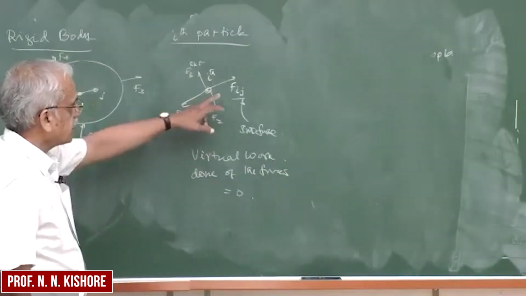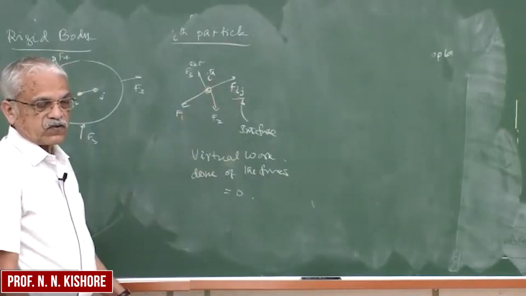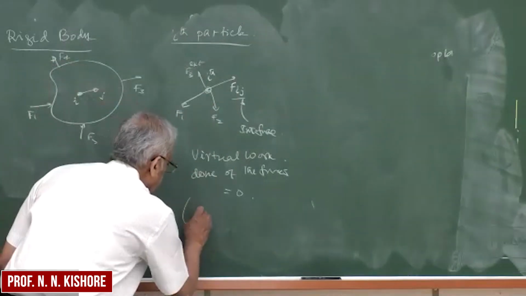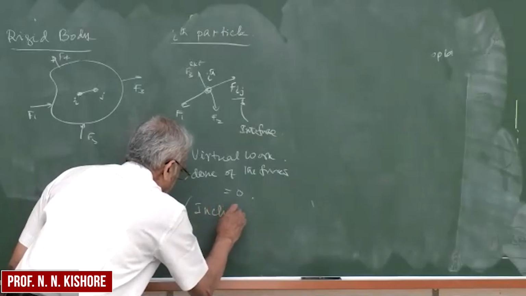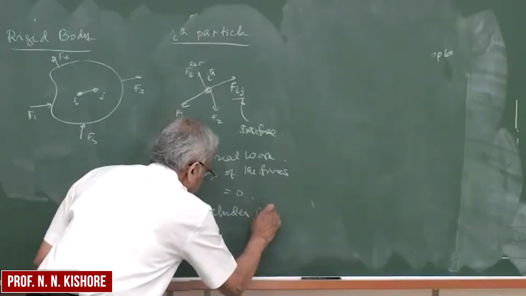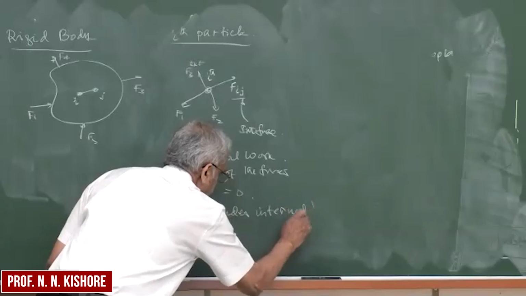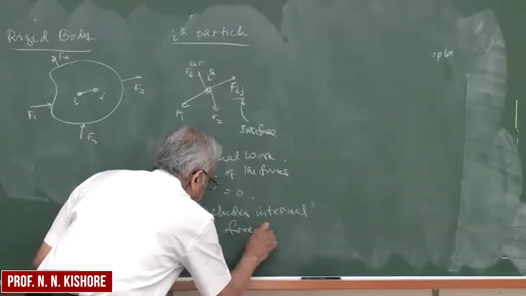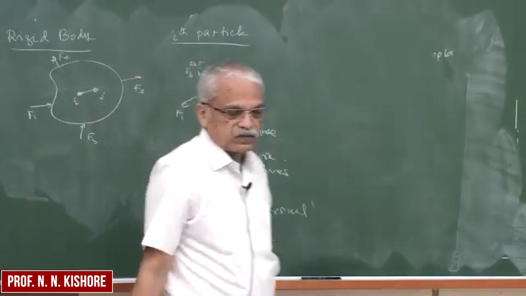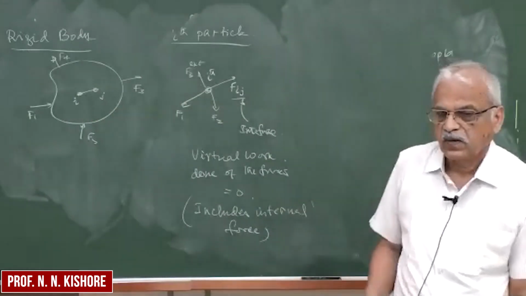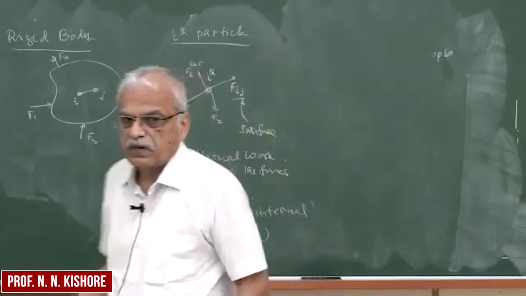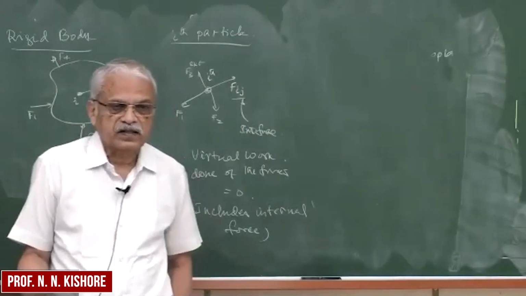But that will include this internal force also. So how do we eliminate this internal force? Because we do not know the internal forces, and then there are an infinite number of particles. So how do we know all these internal forces?